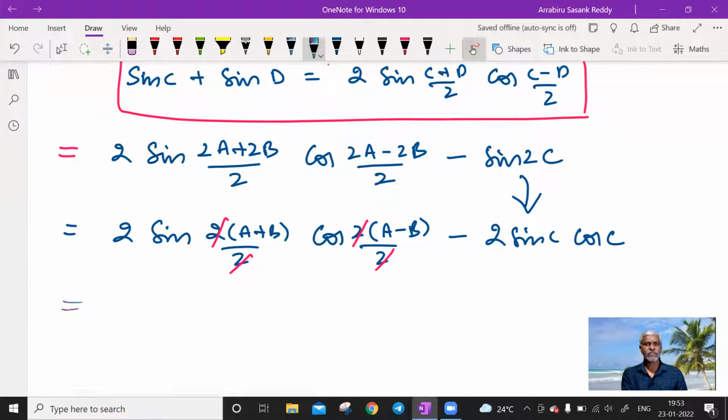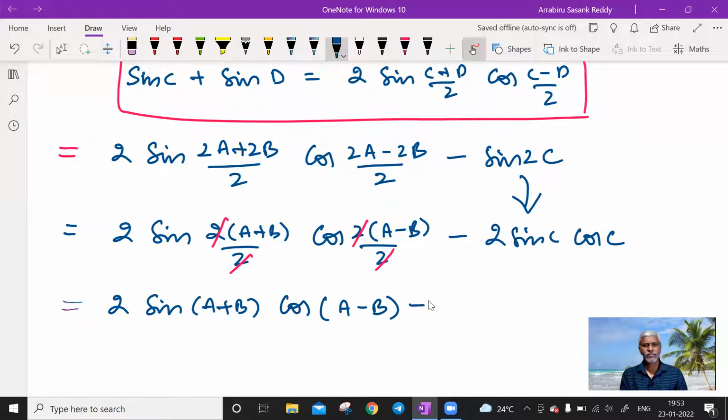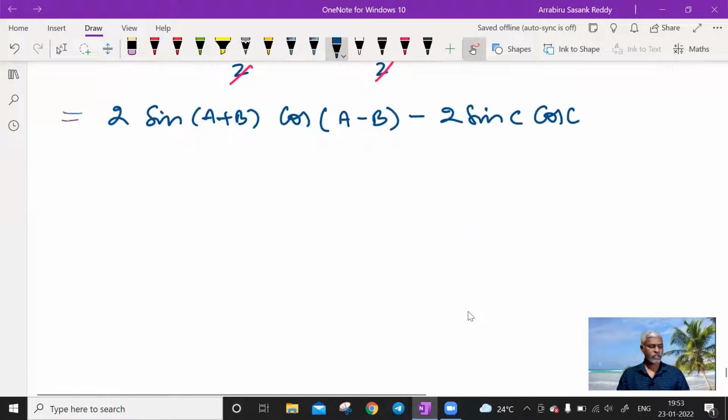There is no change; it is almost similar to the previous problem.